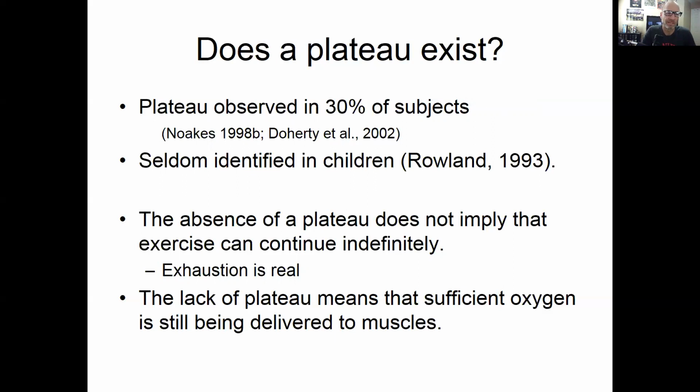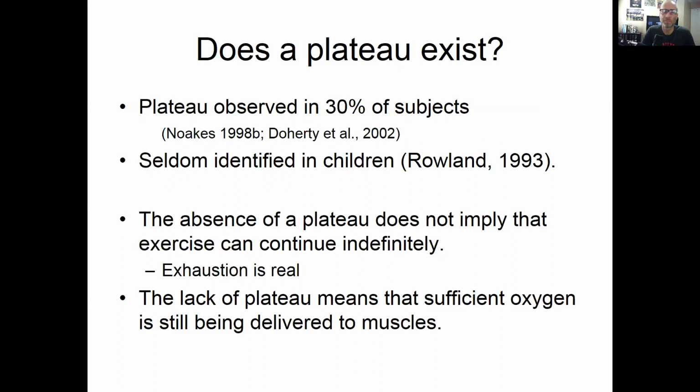That means that VO2 would have been increasing along with the increase in exercise intensity, and the person still chose to stop the graded exercise test. And the plateau is seldom identified in children, as per Rowland and colleagues. The absence of a plateau does not imply that exercise can continue indefinitely. And this is the point I was making before.